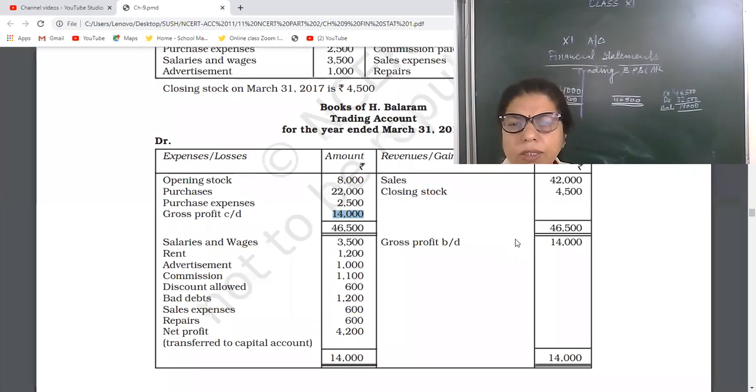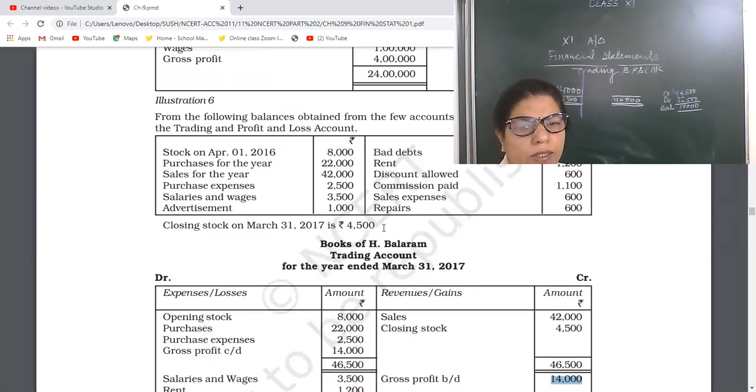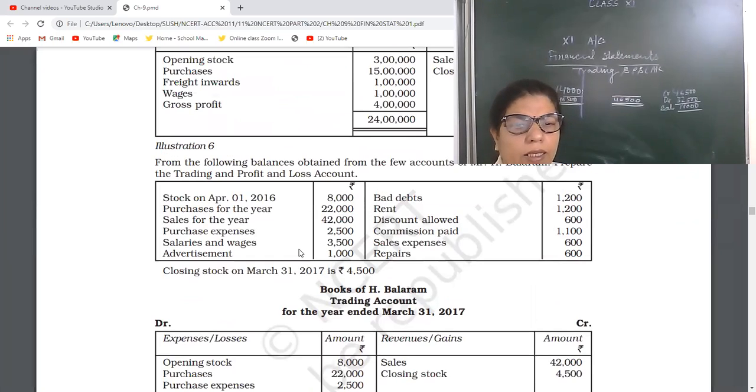Any doubt? Okay. Now gross profit will be transferred to this side. And you will write from this question: salaries and wages, advertisement, bad debts, rent, discount, commission paid, sales expenses, repair.